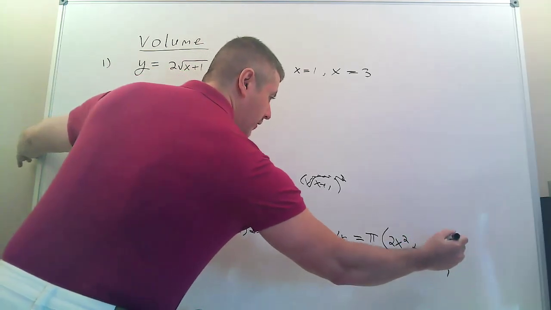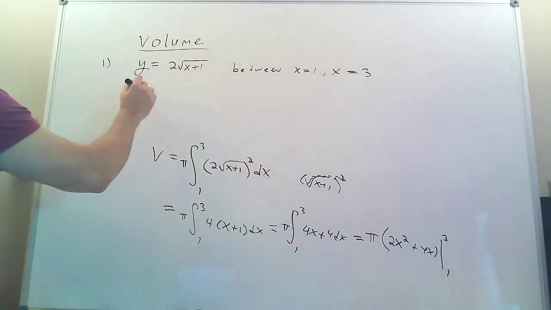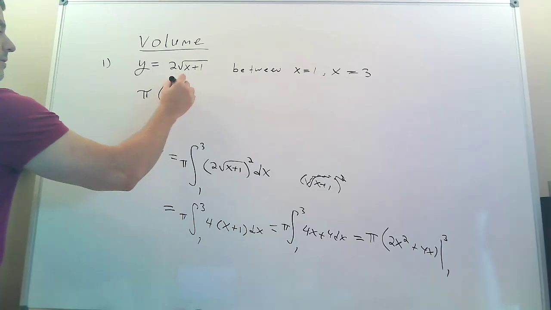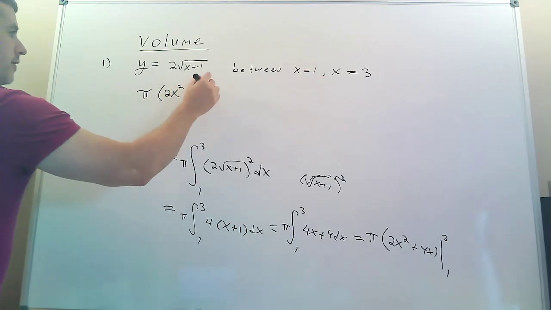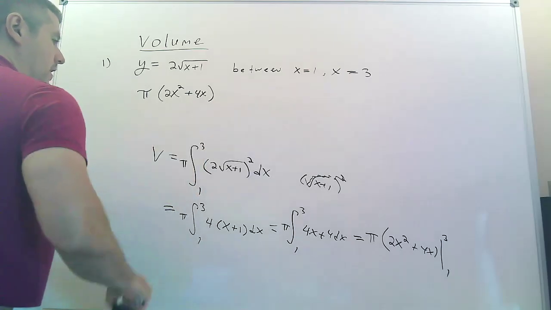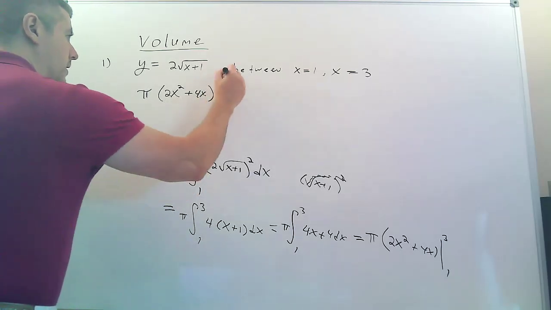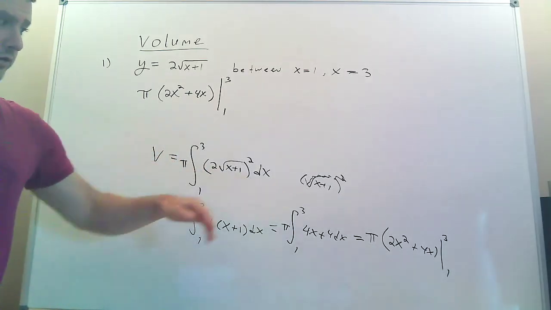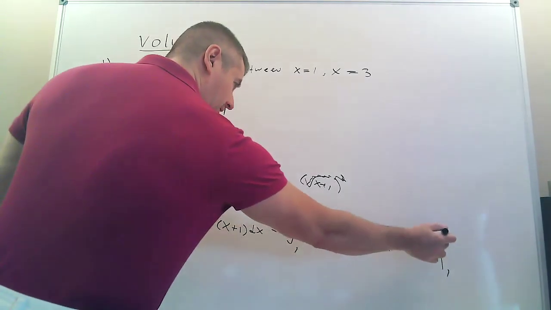And you're going to evaluate it from 1 to 3. I'm just going to write it again up here and then erase, so it's easier to do. Now, again, a lot of students write these very incorrectly. You have to make sure that you write everything properly. You have to write the integral symbol until you have found the antiderivative. Once you do that, you have to write this thing.